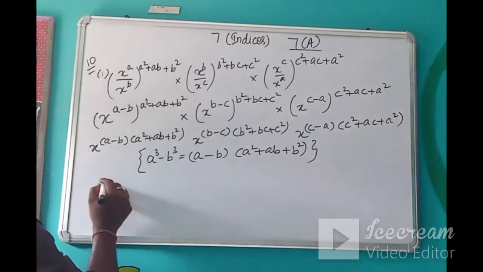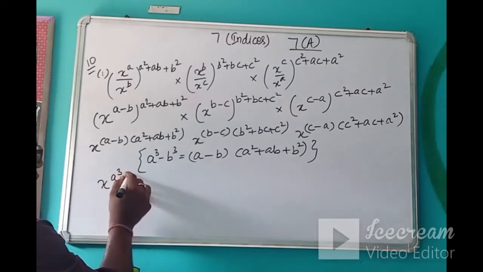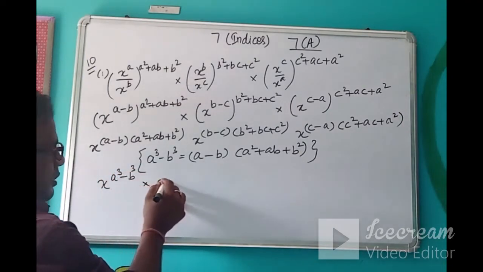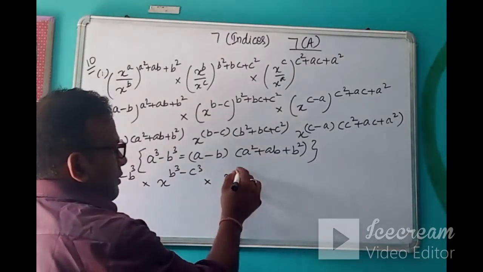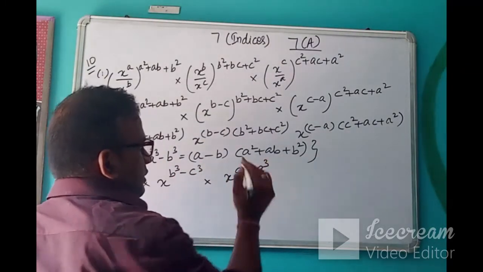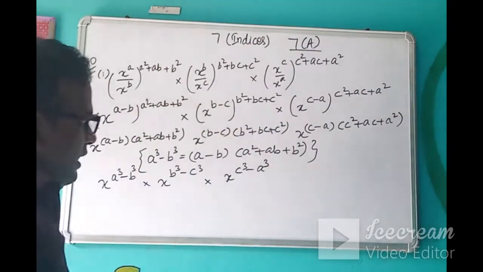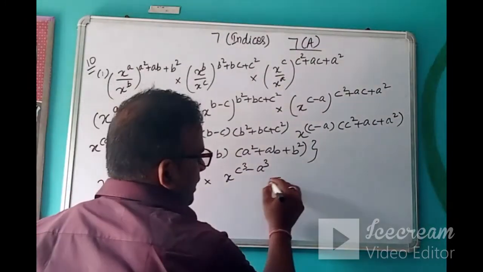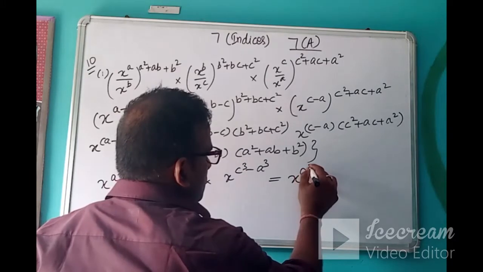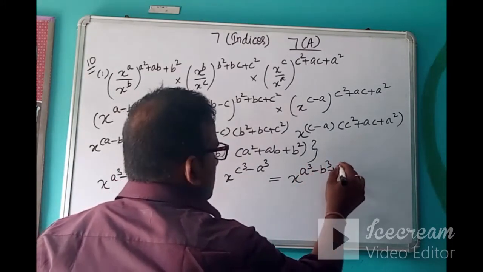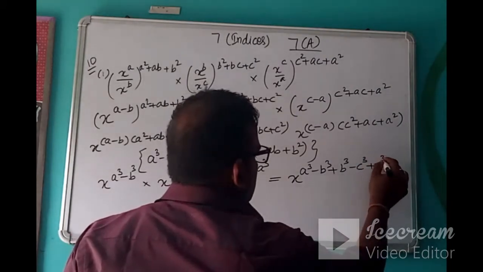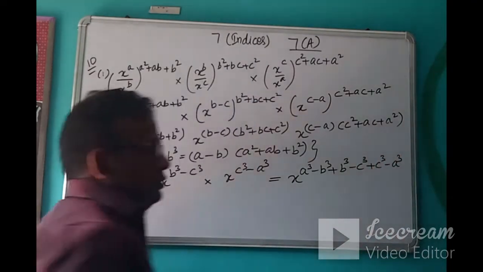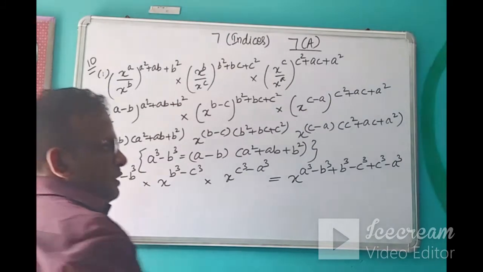So it becomes x to the power a cube minus b cube, x to the power b cube minus c cube, and x to the power c cube minus a cube. Then again, we will simply add the powers like this, just like we have done in the previous question.